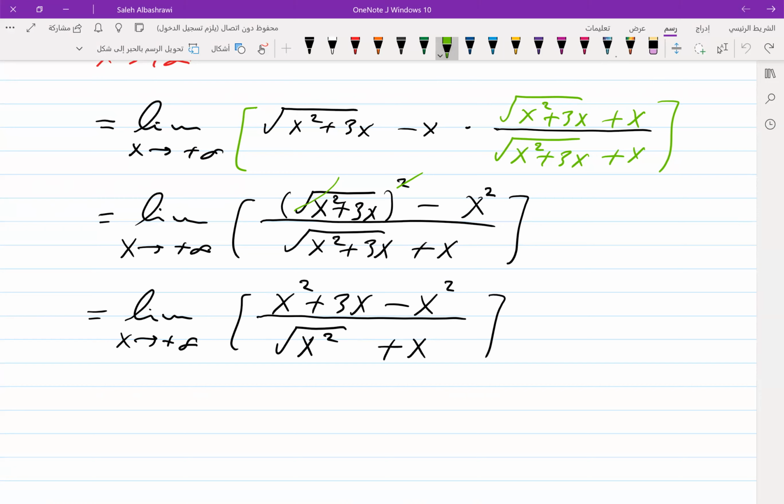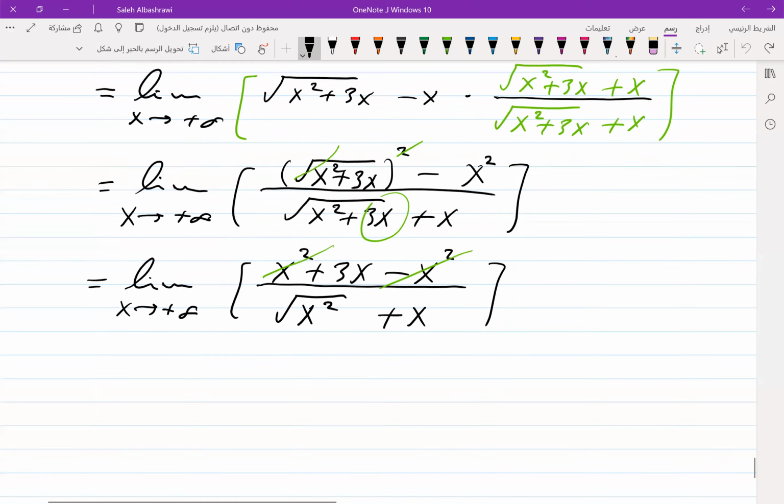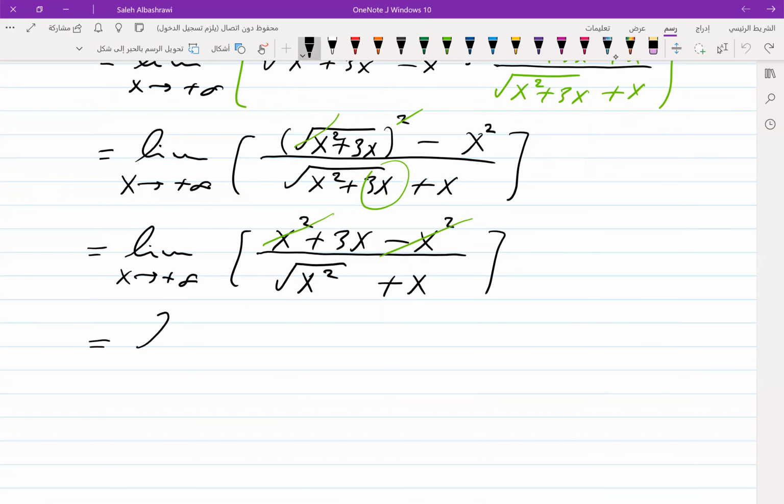So I remove this one because this will be 0. I took the highest power from what is inside the square root, which is x squared. Now x squared will cancel x squared. So in the numerator, I will have 3x.